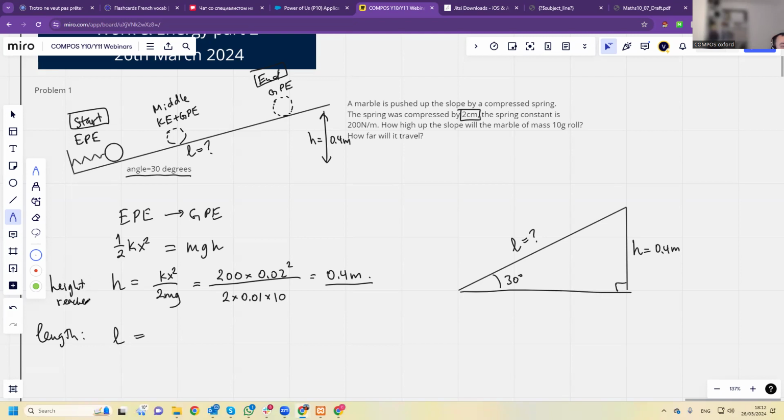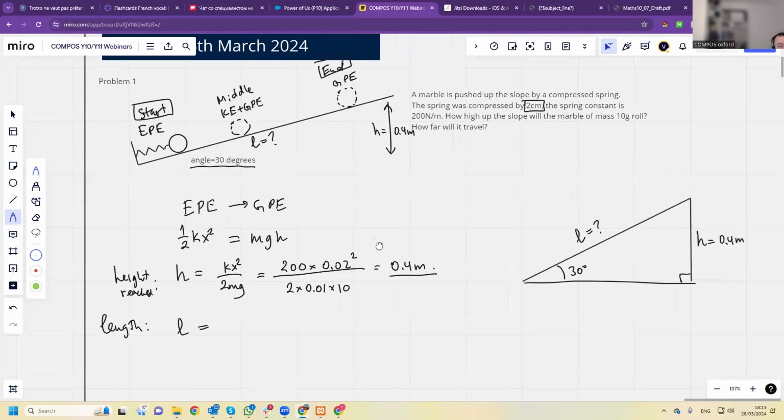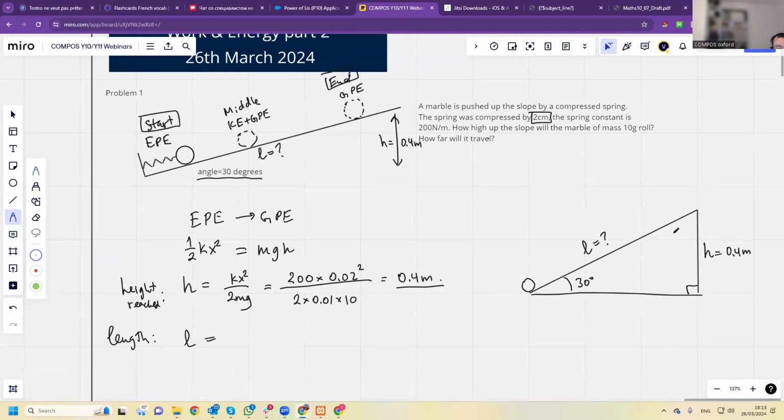Height reached. 0.8, yes. 0.8 meters, so 80 centimeters, and 40 centimeters for the height.